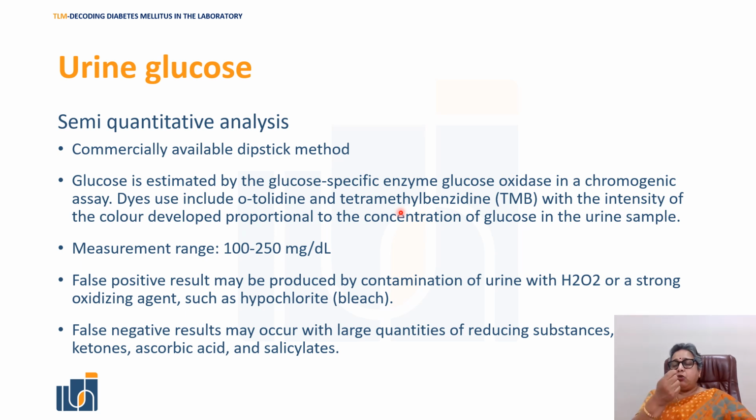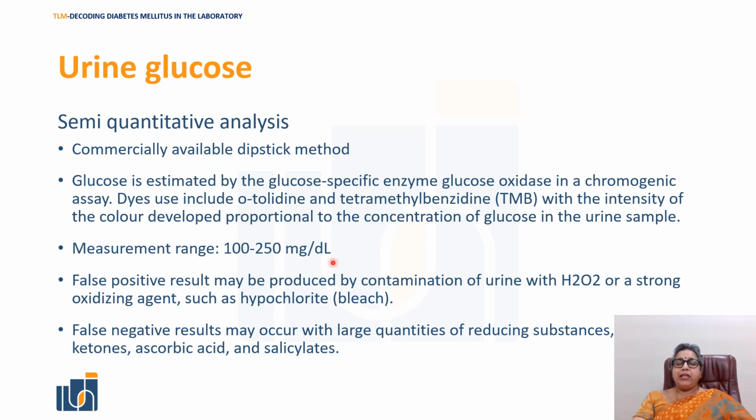Now you can either look at the strip visually and report it, or there are semi-automated to fully automated urine analyzers, urine chemistry analyzers, in which if you place the strip, it will read it and it will give you the report, which will grade it from nil to 4 plus, and it will also give you the quantity of glucose that is present in the sample.